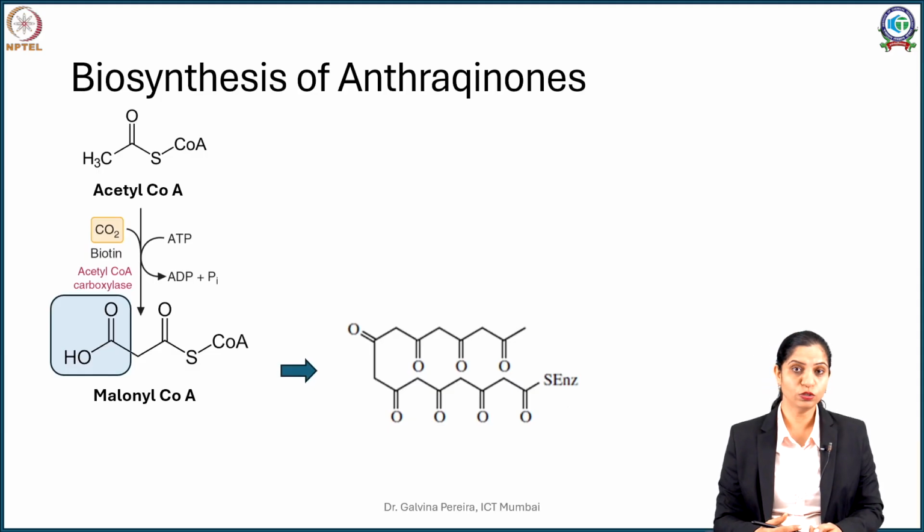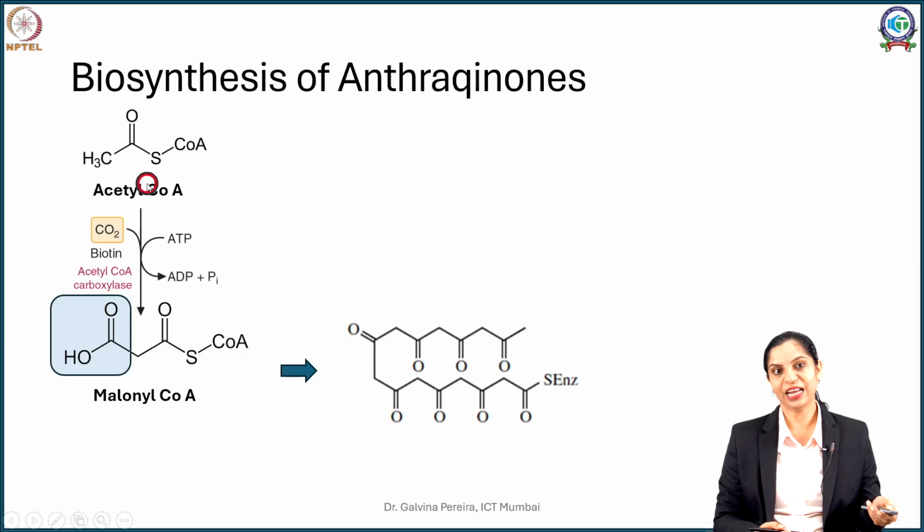The biosynthesis of quinones occurs via different pathways. A major pathway for biosynthesis of quinones is the polyketide pathway. What happens in the polyketide pathway is very similar to your acetate malonate pathway. If you recollect your acetate malonate pathway, you had your acetyl CoA.